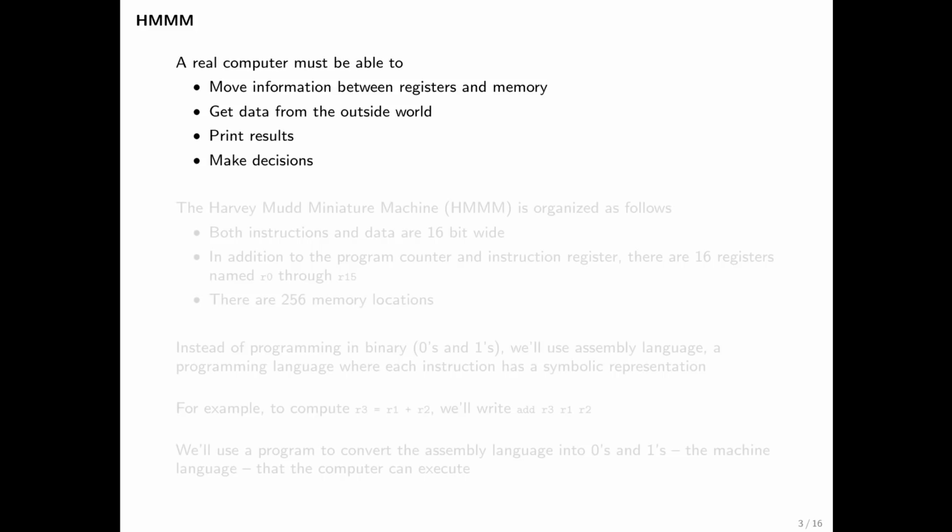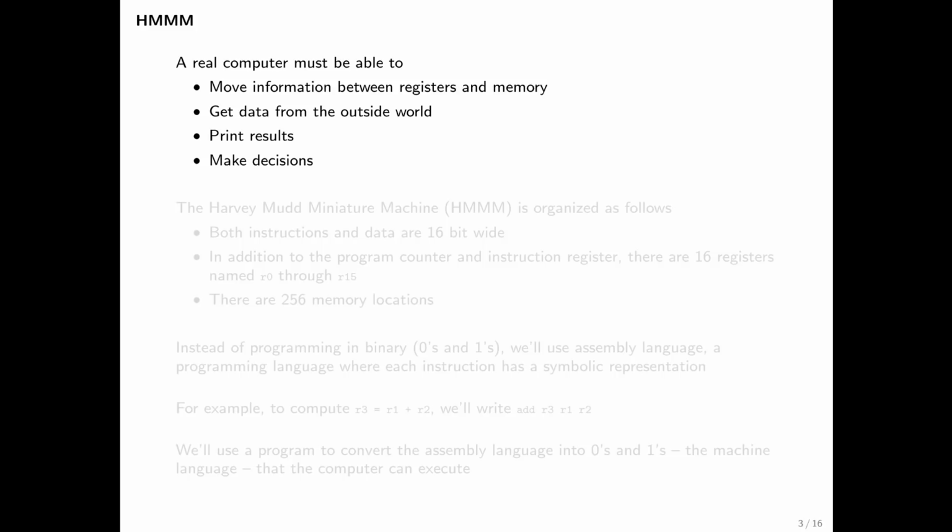And it's the CPU that consists of registers, program counter, instruction register, and so on. And in addition, a real computer must also be capable of getting data from the outside world, meaning it needs to be able to receive user input. It also needs to be able to produce meaningful output, such as print results and so on. And then finally, it needs to be able to make decisions.